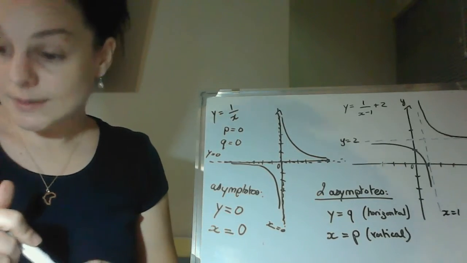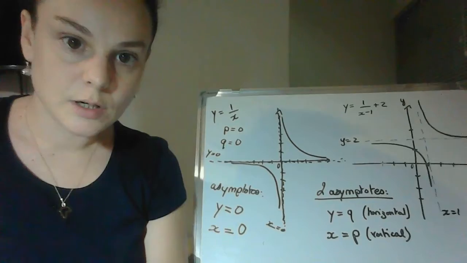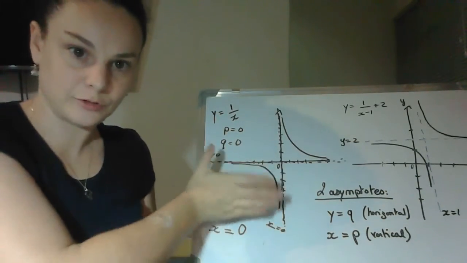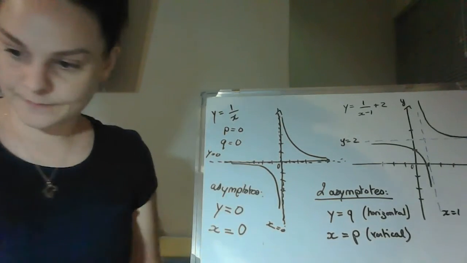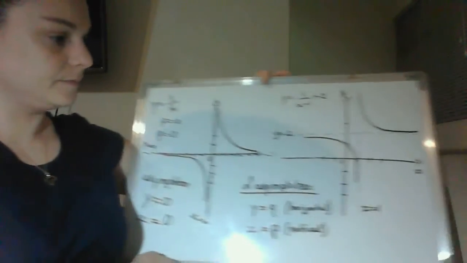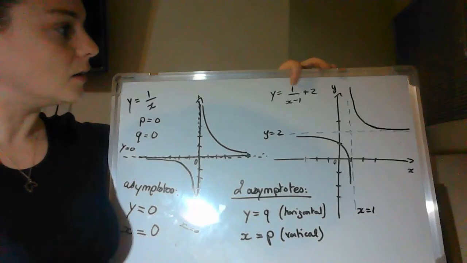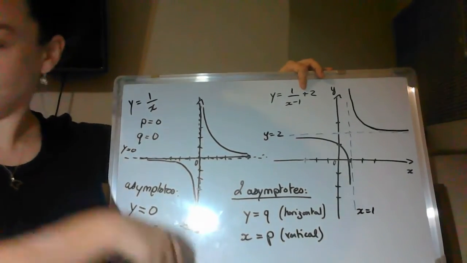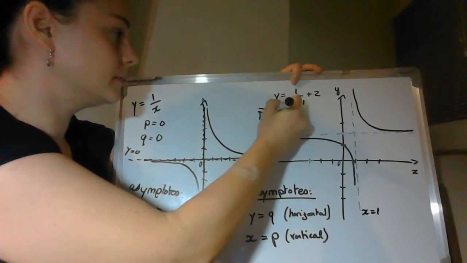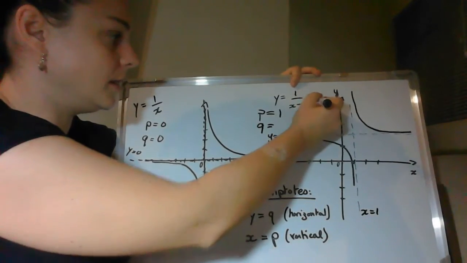Now, same thing again, if we have in the equation a p and a q value, it's the same rule, but it's just shifted right, left, and up, down. Alright, so if we take, for instance, this one, y equals 1 over x minus 1 plus 2. Here, we have the p value equals 1, and we have the q value equals 2 there.